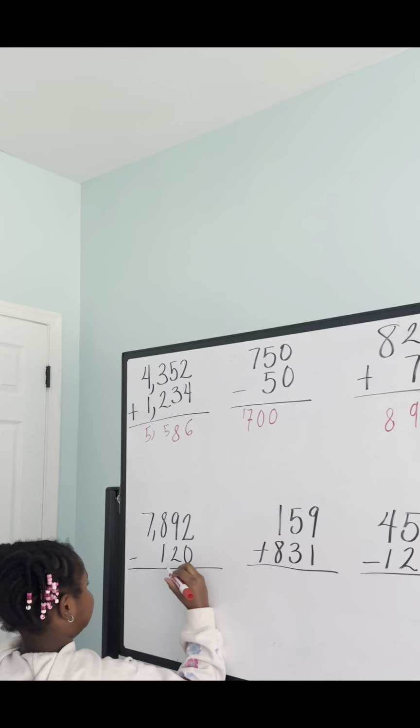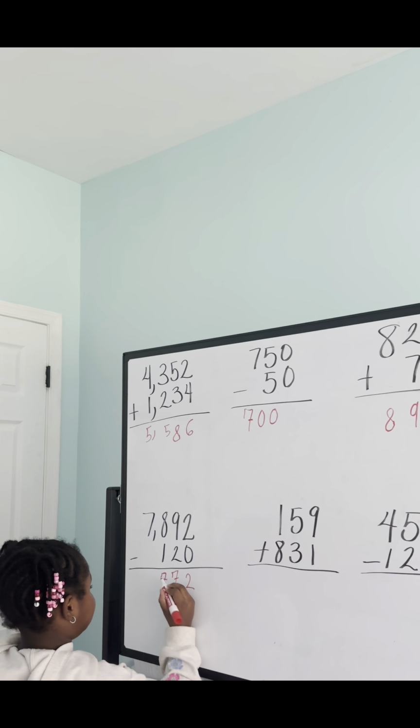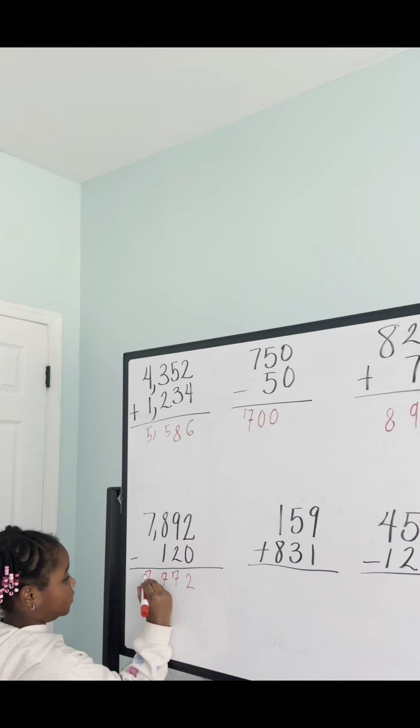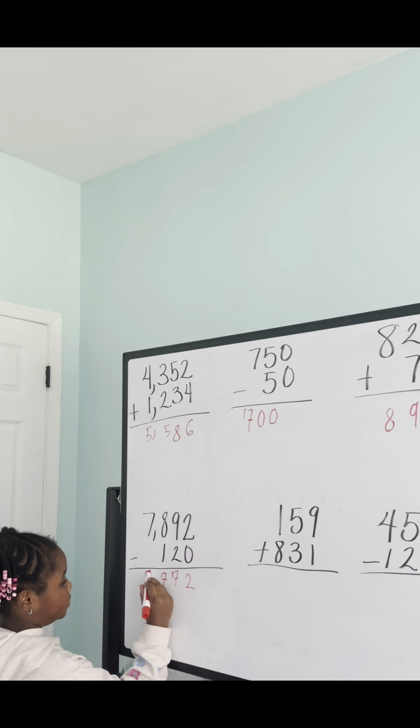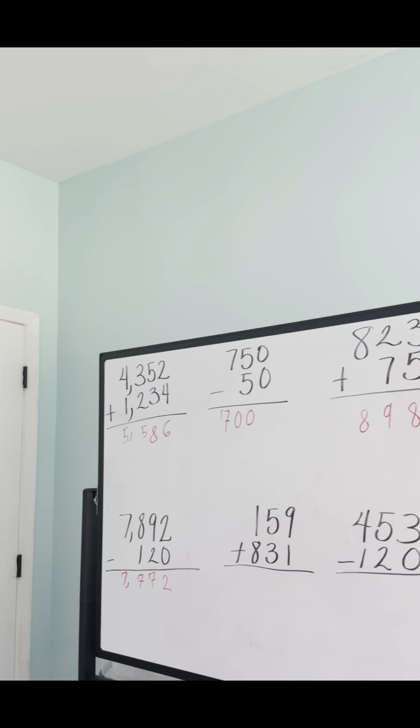And then 8 minus 1, another 7. And then 7 minus 0, 7. So it's 7,772. Good. Moving on to the next.